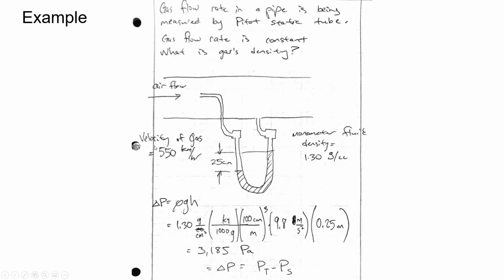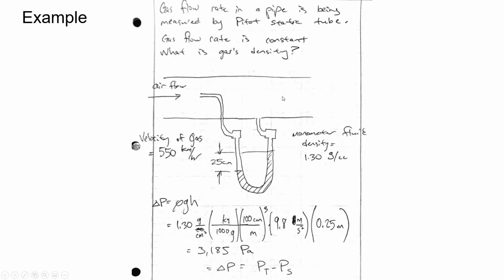You're given that velocity of the gas. So remember, we're given the rate, we want to know the density. The manometer fluid density, that's 1.3 grams per cubic centimeter. So that's this density.